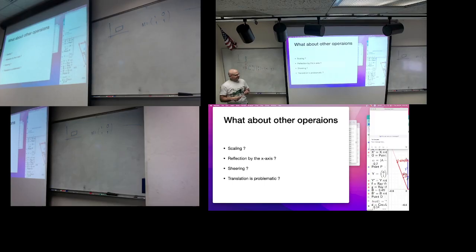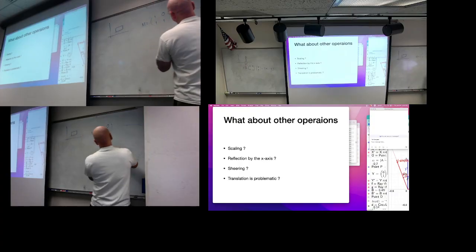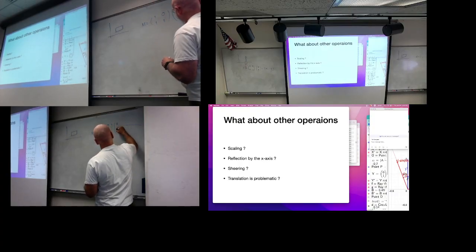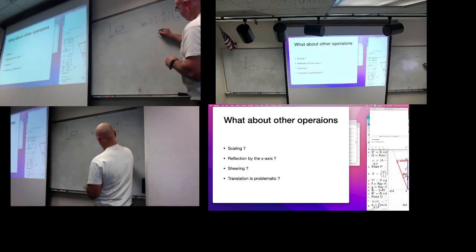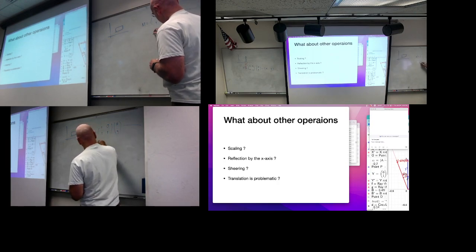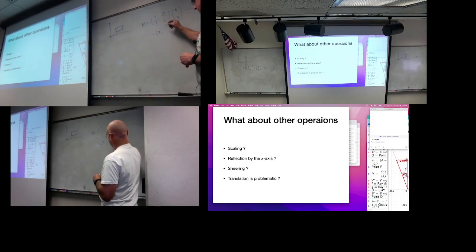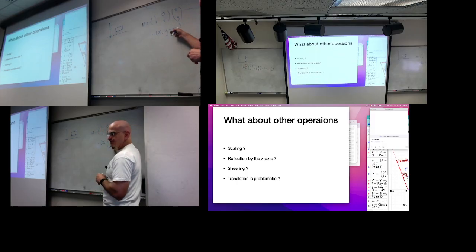So this fine box, where does it go under this matrix? It's shearing, like this times xy. x stays the same, but what happened to y? It's y plus x.